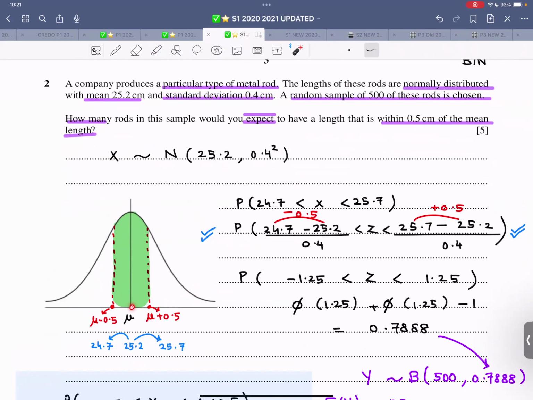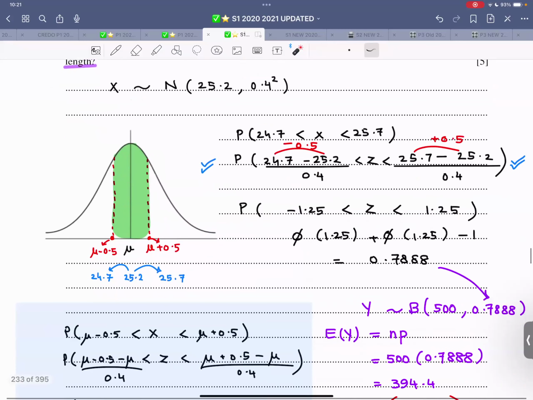That means mu plus 0.5, mu minus 0.5. You can even work it with mu, or you can use the actual value, which is 25.2, add 0.5, subtract 0.5. So now this is 24.7, this is 25.7. When we do the subtraction, this comes out to be 0.5, this comes out to be negative 0.5.